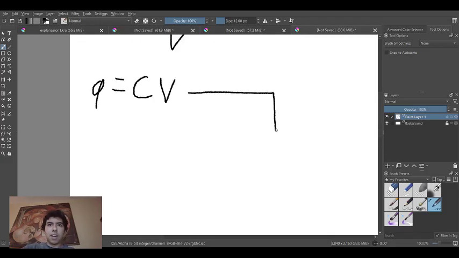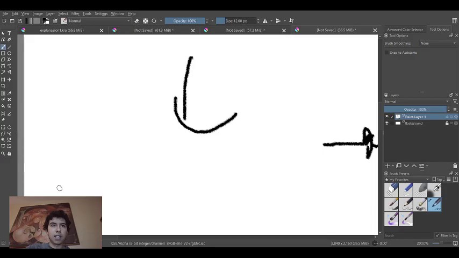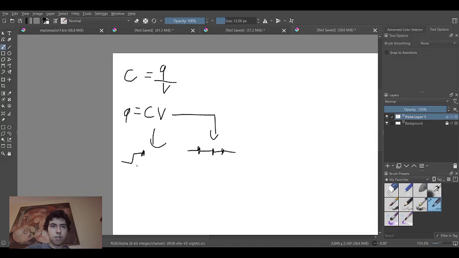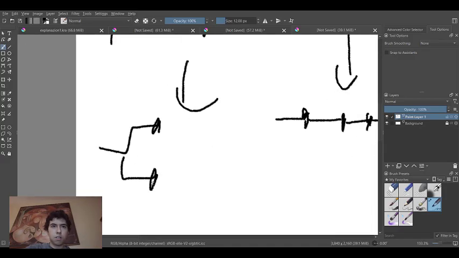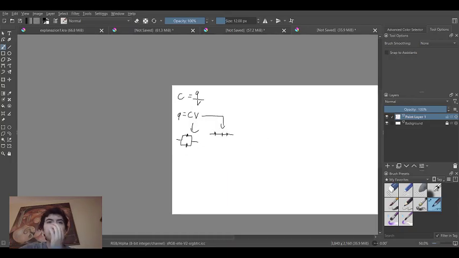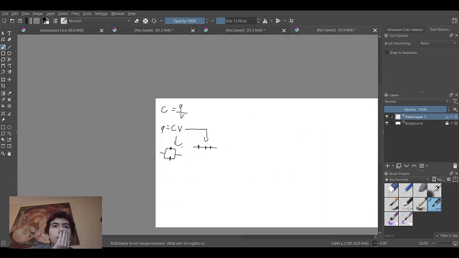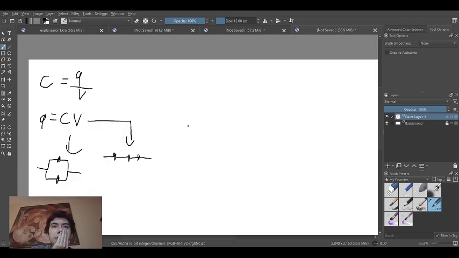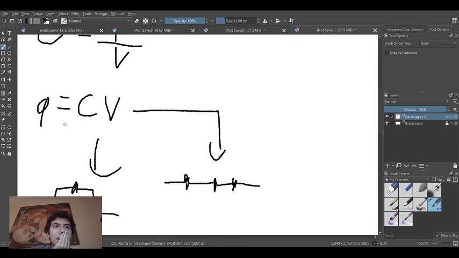In this case, there's going to be two cases: capacitors in series and capacitors in parallel. Kind of a bad drawing, but you get the gist. There's going to be two ways of calculating here. For capacitors in parallel, the voltage drop across them is going to be the same.